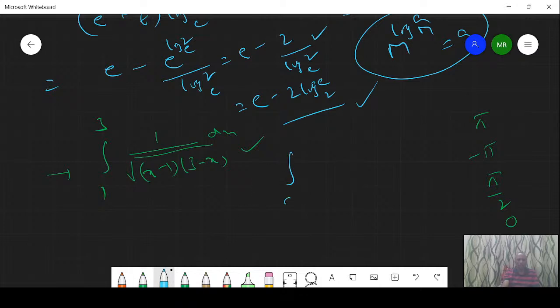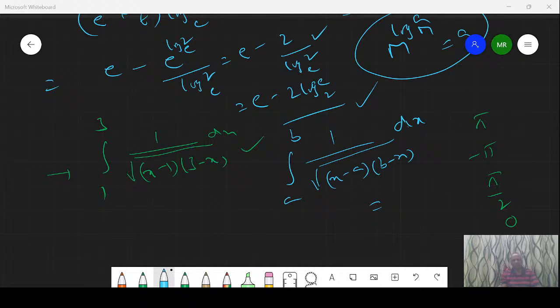Suppose the integral from a to b of 1 by root of (x minus a) into (b minus x) dx.